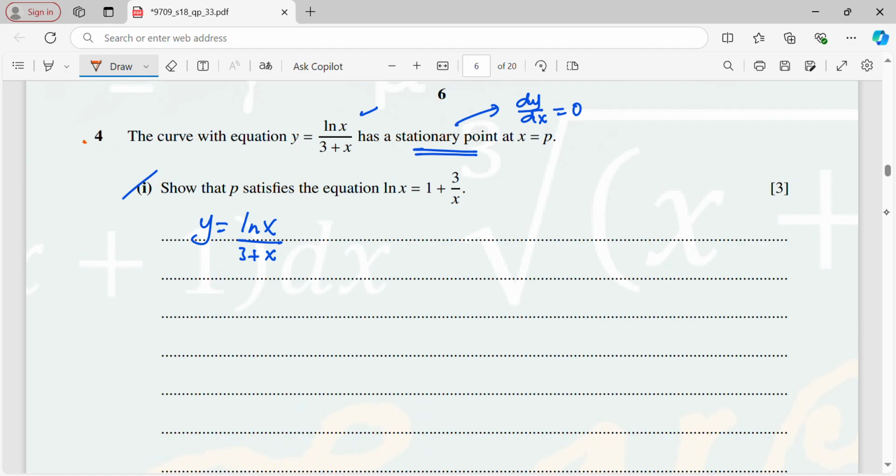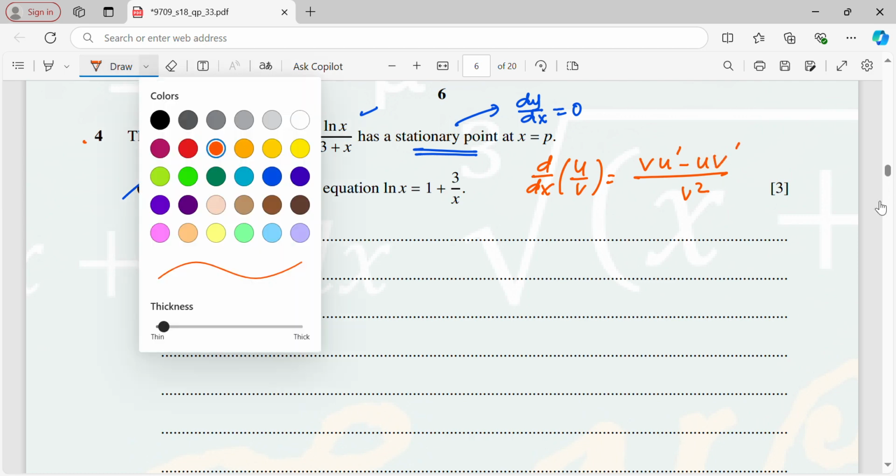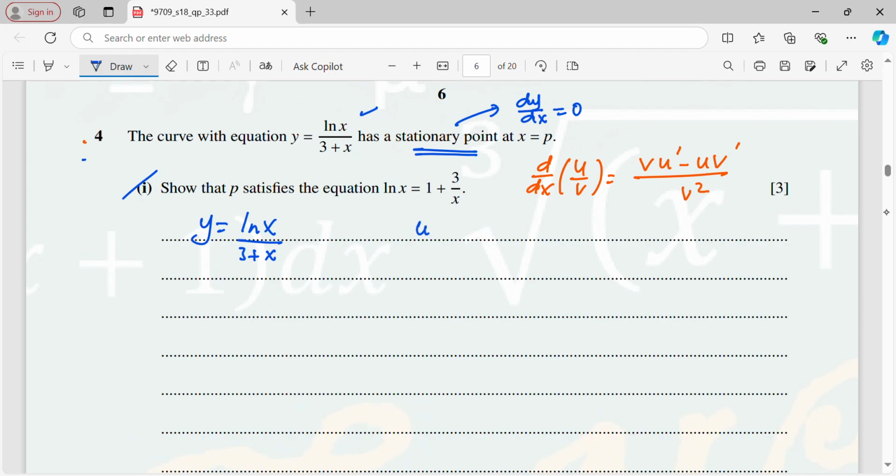Okay, quotient rule is d over dx of u over v, that is going to be over v squared. So keep the v, differentiate u to get u prime, minus keep the u and differentiate v to get v prime. Then from here, I will just write down my u is basically ln x. So the u prime, that is the du dx.